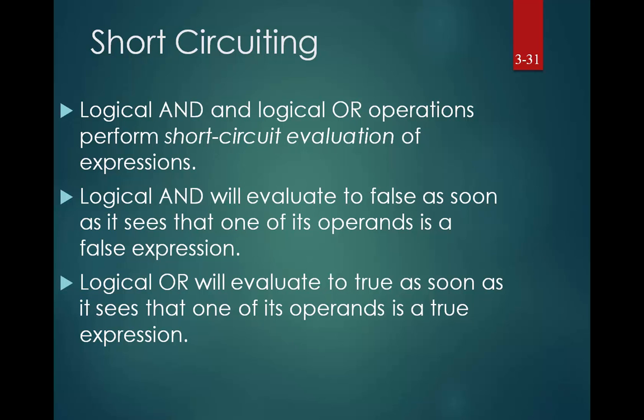The OR will evaluate to true as soon as it sees that one of its operands is a true expression. So again, if you know you need chips, then you don't even have to check whether you need dip, because the entire condition is true. The expression is true. So you know you're going to go to the supermarket. Okay. Why is this important?